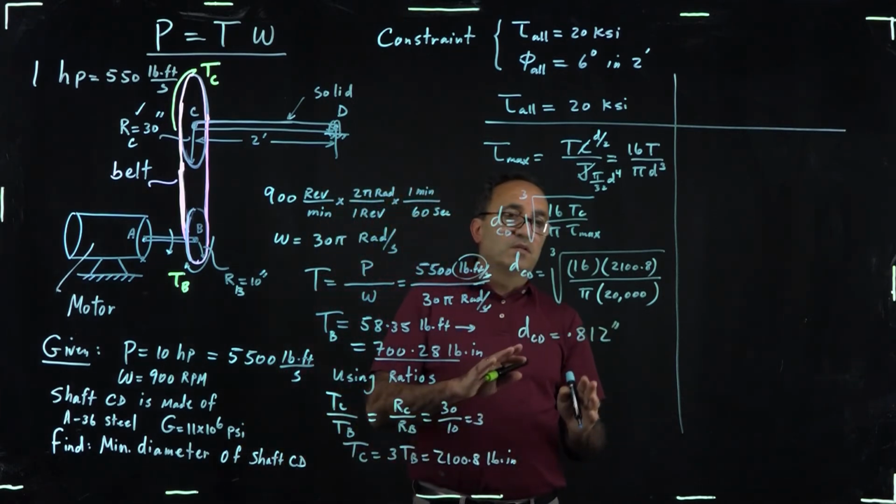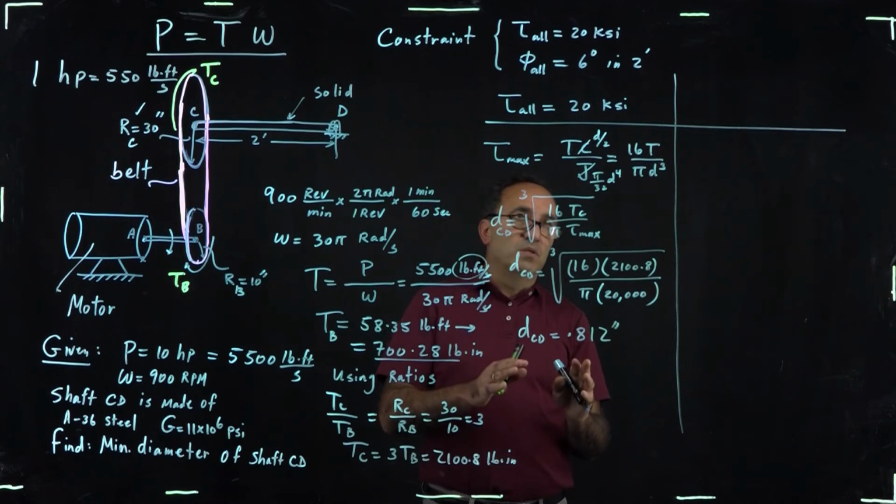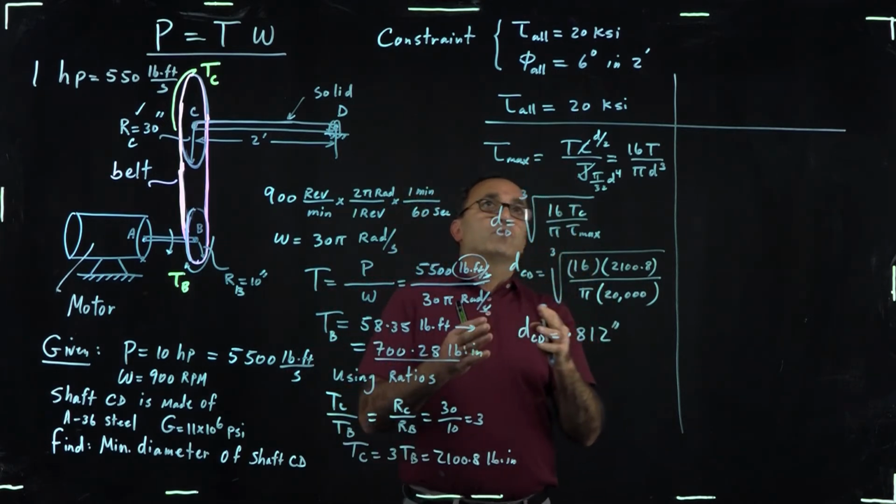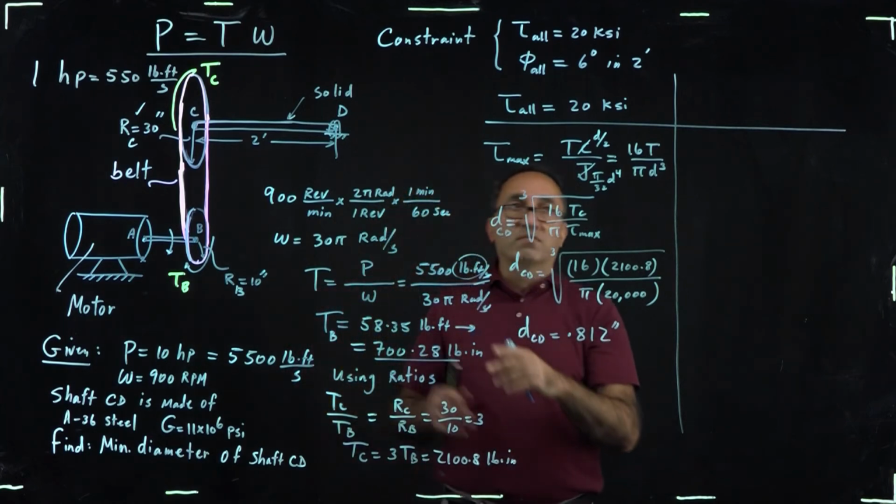So that is the requirement for the minimum diameter to reach a maximum shear stress of 20 KSI in that shaft CD.